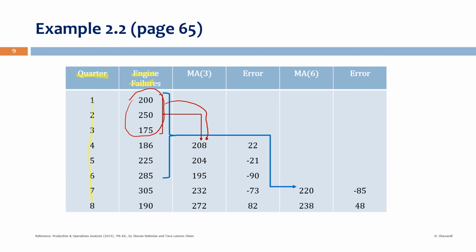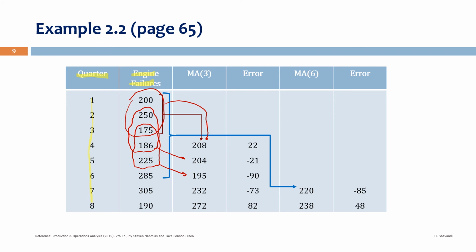And then for period number 5, we will consider the last 3, which will be this, right? And again, the last 3 for period 6. So this is why it's called moving average. We are moving the number of periods over time that we consider to forecast the next period's value.